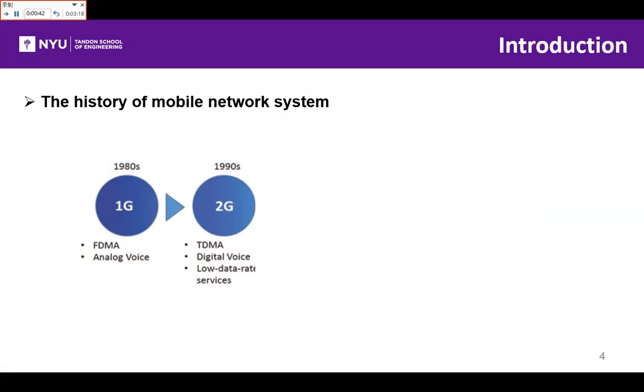About 10 years later, 2G emerged. This technology used TDMA, which is time division multiple access, and 2G improved the analog voice in 1G into digital voice. It also provided other services like text messages.